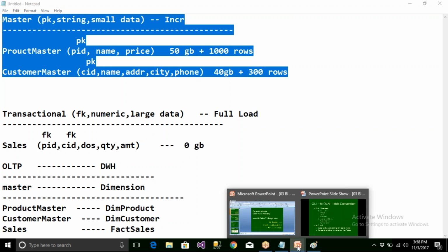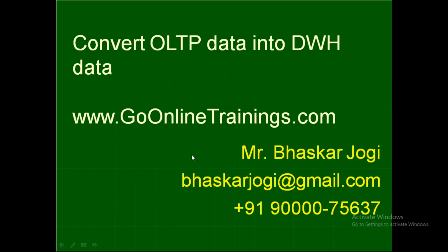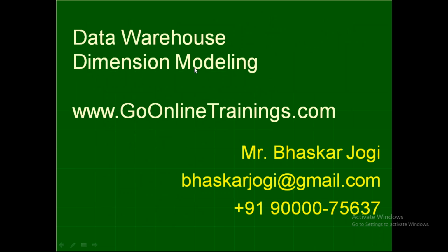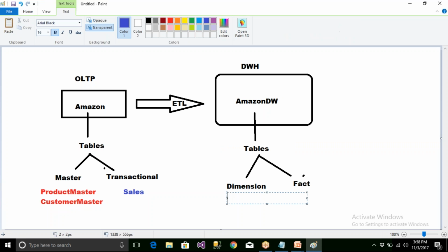Tomorrow I'm going to talk about the dimension modeling concept given by Kimball. This is a layman's understanding of the dimension table and fact table. Here we will be calling this the dim product table.